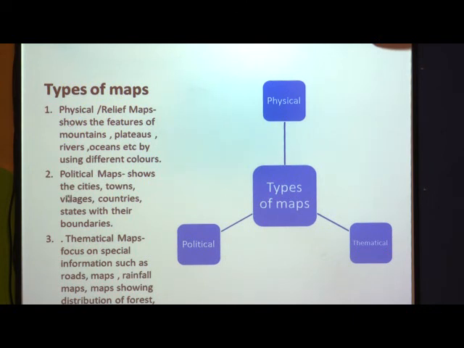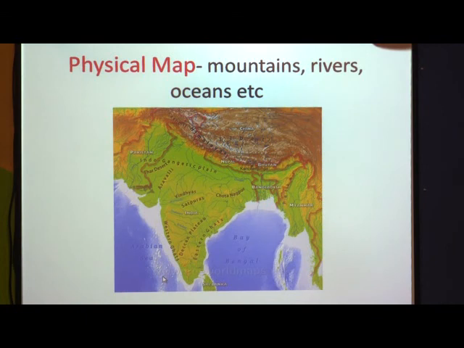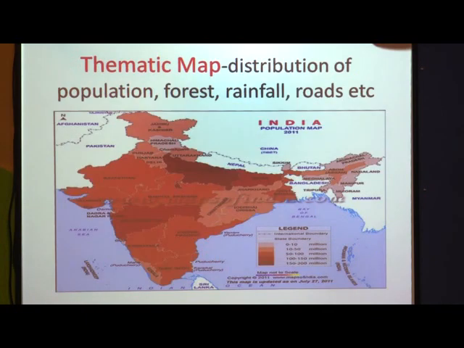Political maps show cities, countries, states, towns, etc. with their boundaries. And thematic maps show specific information, maybe on roads, highways, rainfall distribution, distribution of forest, or industries. So, these are the different types of maps: physical map, political map and thematic map.